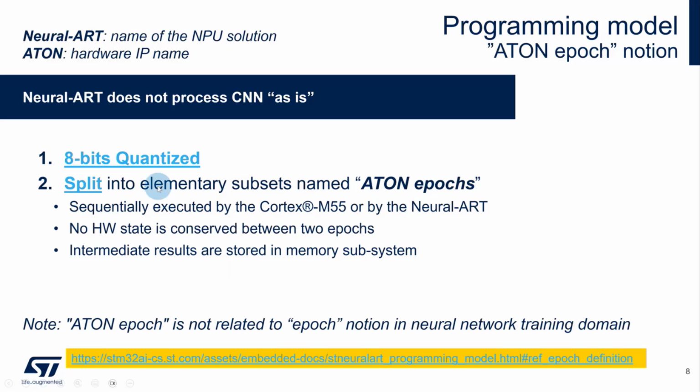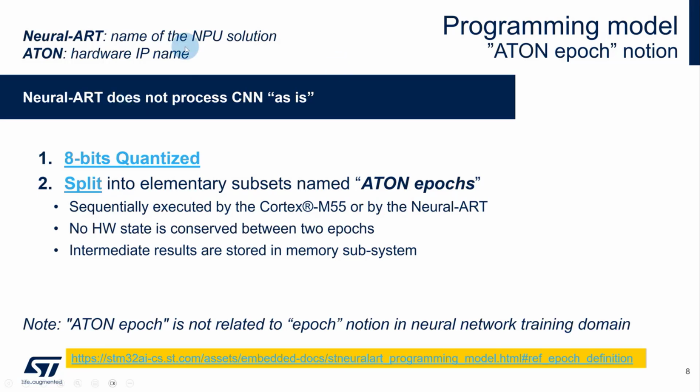So why I'm mentioning this is that you will see Aton sometimes in the API or in the documentation as well. So Aton is the name of the hardware IP. The neural art is the name of the neural processing unit solution. So when we talk in the documentation about neural art or Aton, it's the same item.